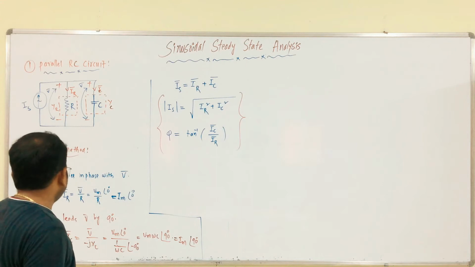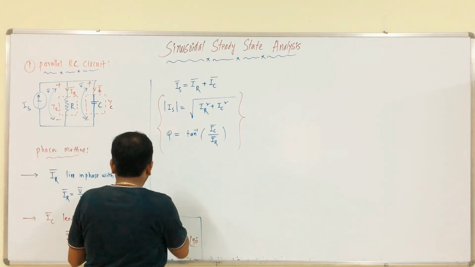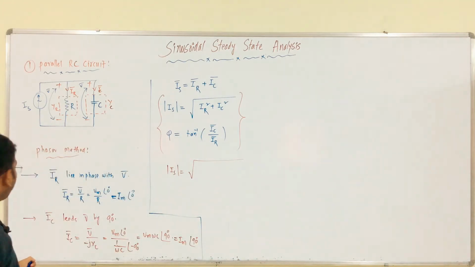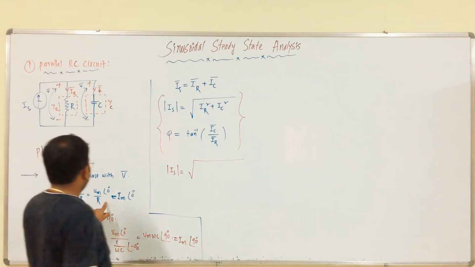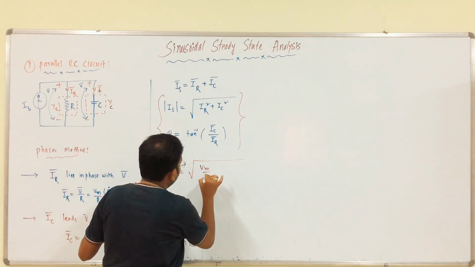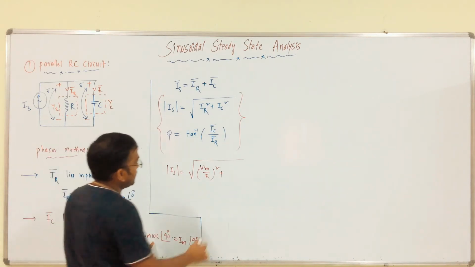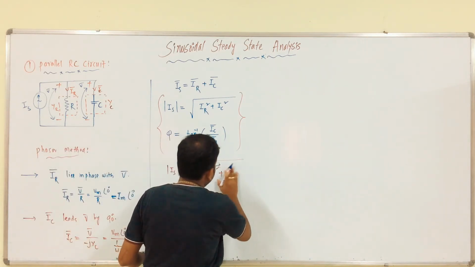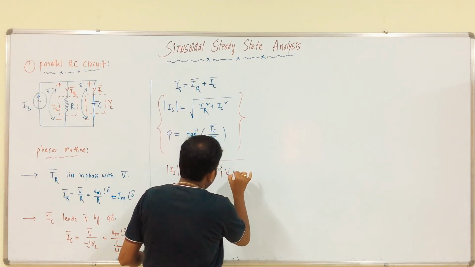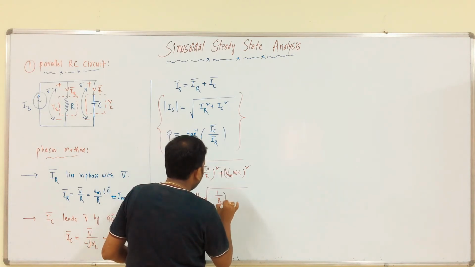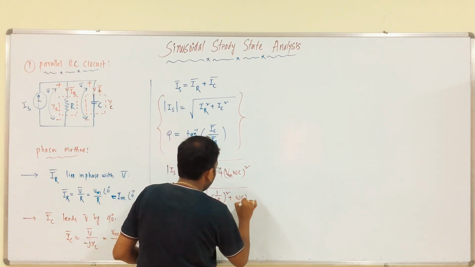So from this, mod IS is equal to, IR is Vm by R, whole square, plus Vm omega C, whole square, which is equal to Vm, which gets common, into the square root of (1 by R) square plus (omega C) whole square.